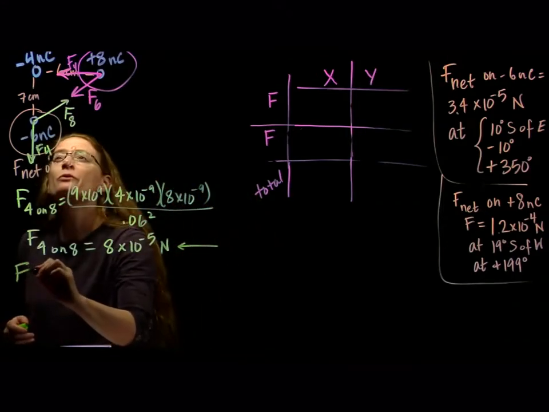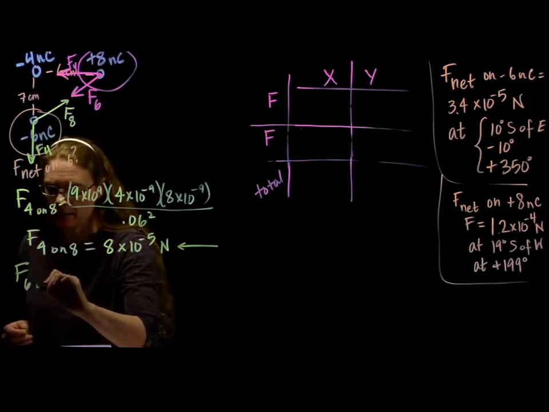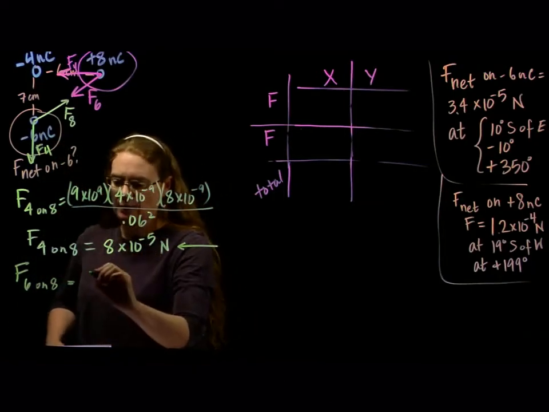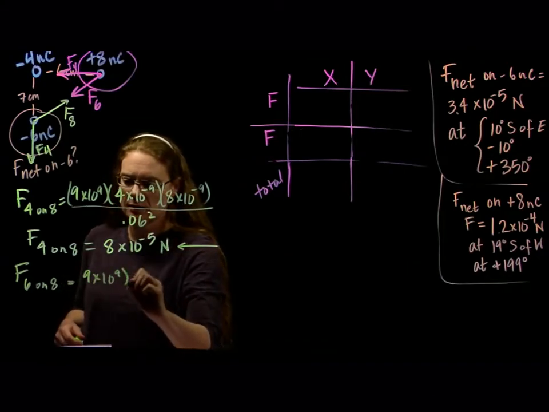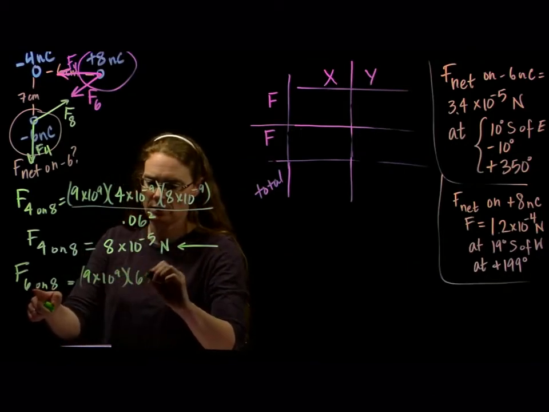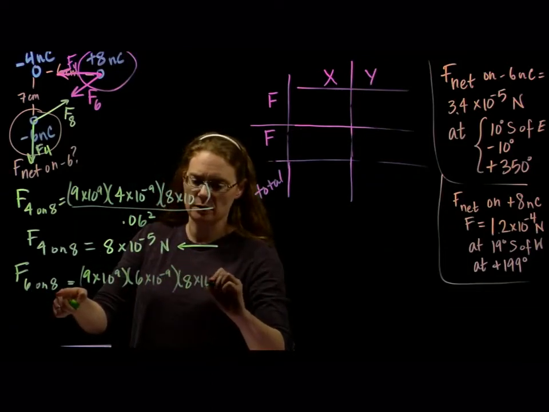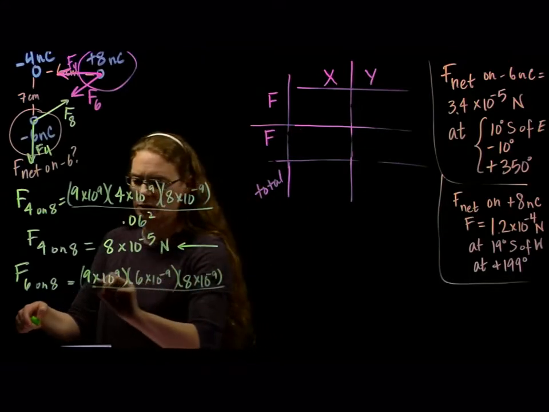Now we can do the force of the 6 on the 8. If we do this formula, it's going to be 9 times 10 to the 9, K, times Q1, 6 times 10 to the -9, times Q2, 8 times 10 to the -9, over the distance between them.